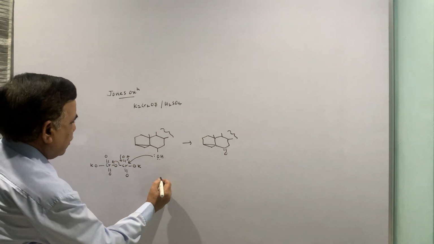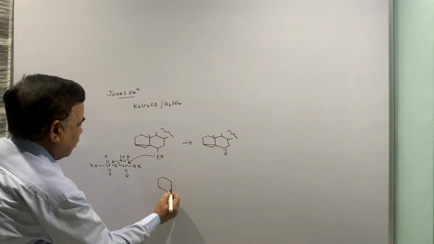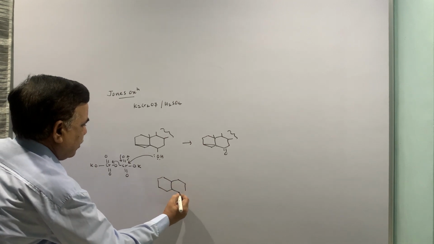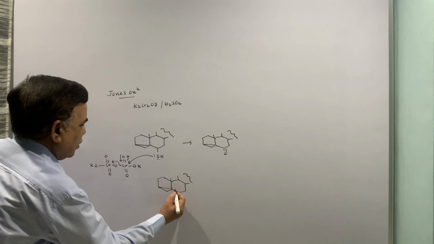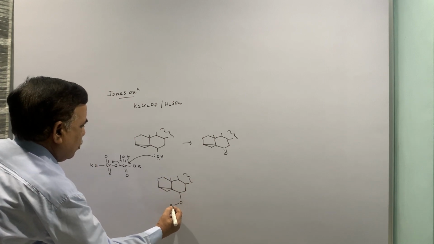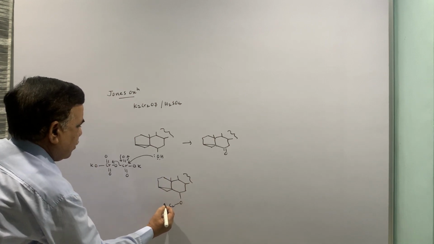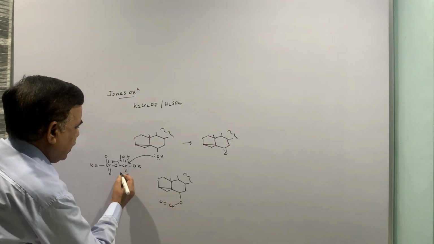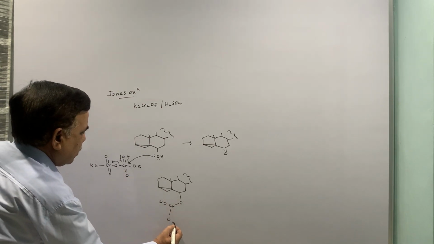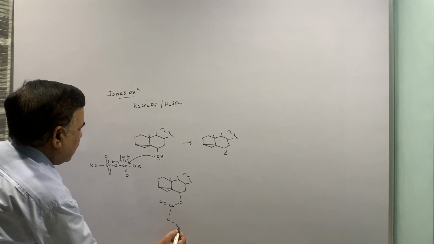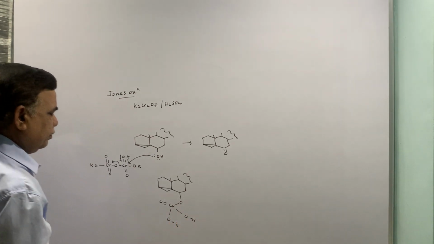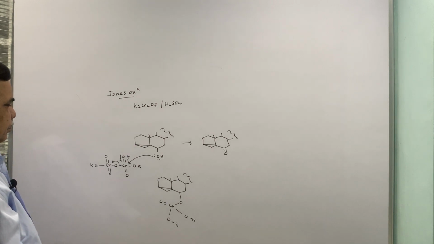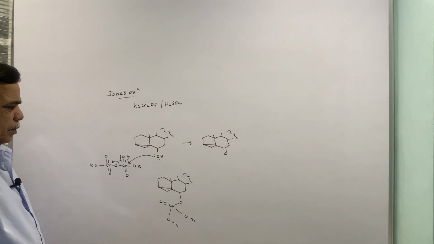This goes off and we will be having a transition state, or this I will put O Cr double bond O, one is there, one is O K and the other one becomes OH, right.